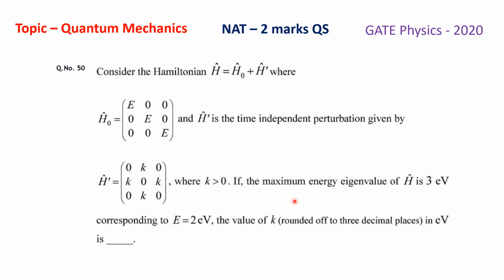If the maximum energy eigenvalue of this h cap is 3 electron volt corresponding to E equals 2 electron volt, then the value of k rounded off to 3 decimal places in electron volt is, so we have to find the value of k for this matrix.